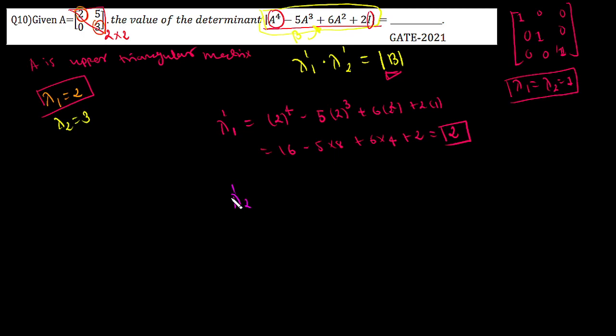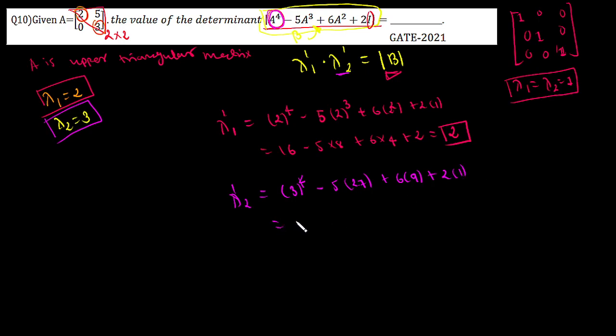In the same way I can also get the second eigenvalue. Let's call it lambda 2 prime. This time replace this A with 3, because we are finding the second eigenvalue. So I can say 3 to the 4th minus 5 times 27 plus 6 times 9 plus 2 times again 1.